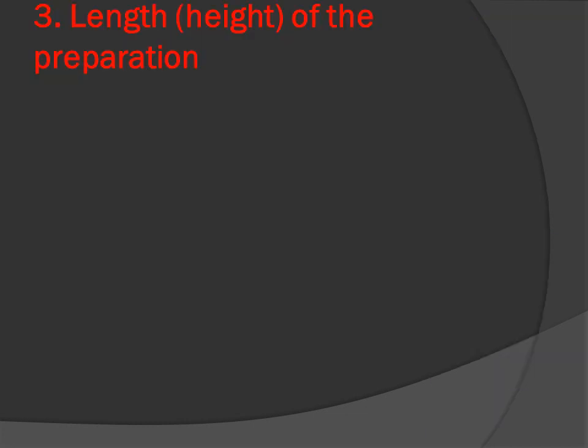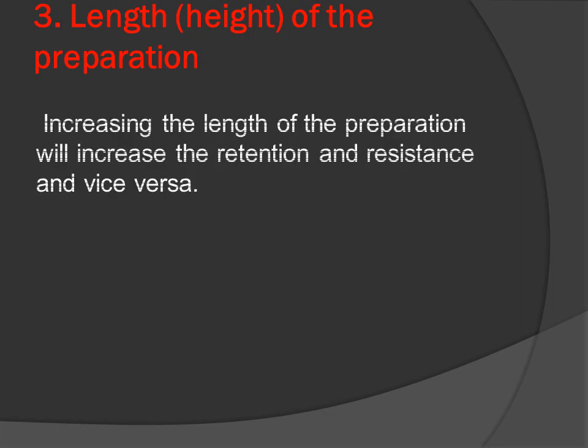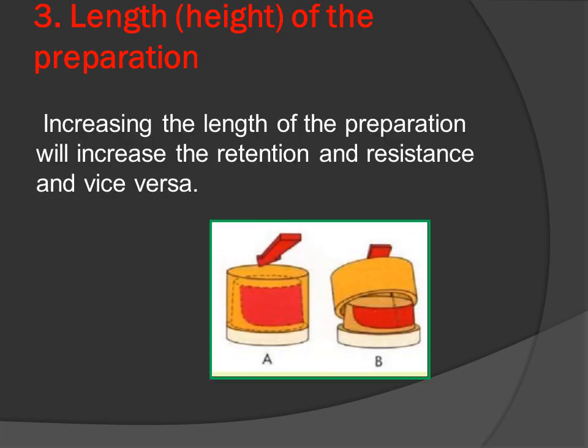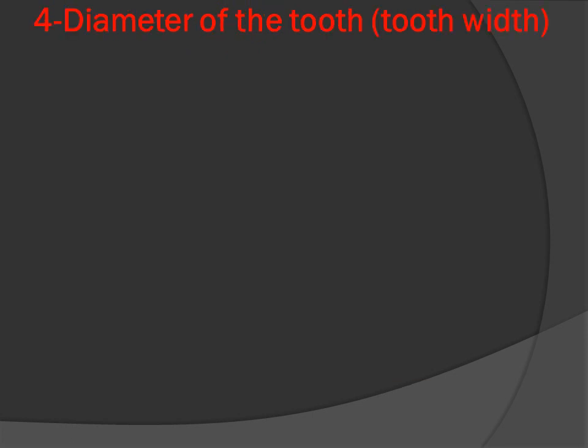Number 3, from the factors that affect retention and resistance is the length or height of the preparation. Increasing the length of our preparation will increase the retention and resistance, and vice versa.